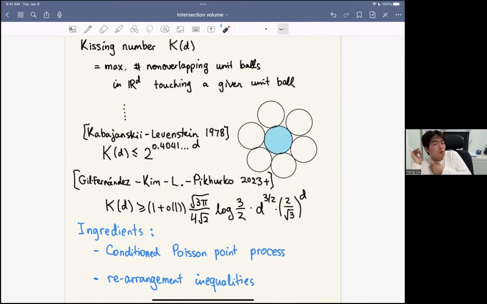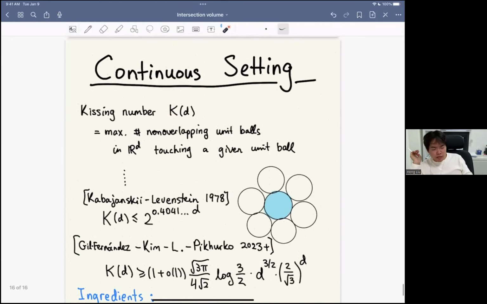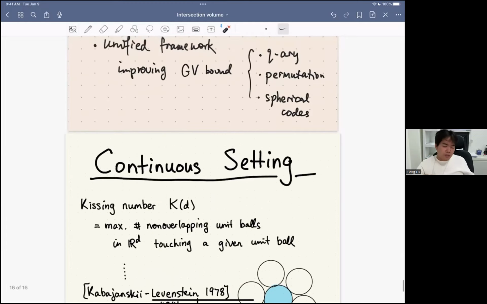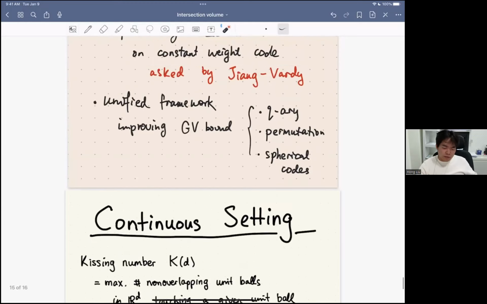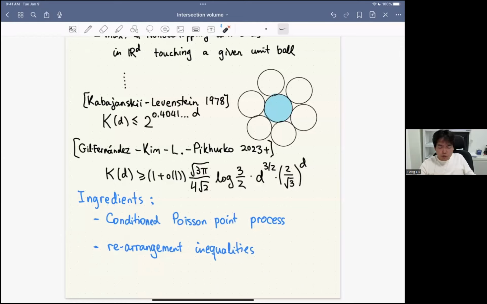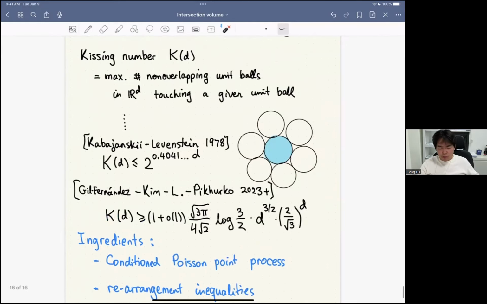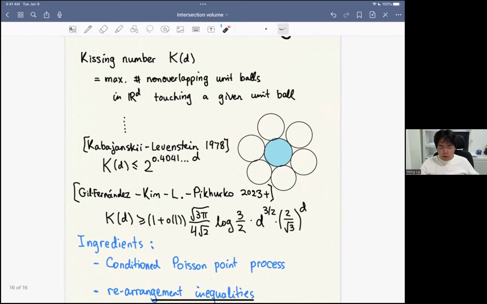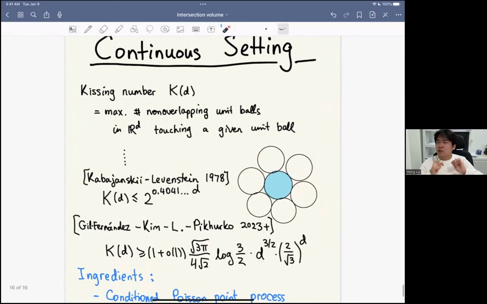So you might say, well, what's the big deal of a constant factor improvement? I think it has some meaning, because we realized at some point that the proof is by two ingredients. We use this conditional Poisson point process, which is also what they did there. And the new ingredient is to make use of rearrangement inequalities. So the point of this work is that their bound can actually be obtained by discretizing the problem.